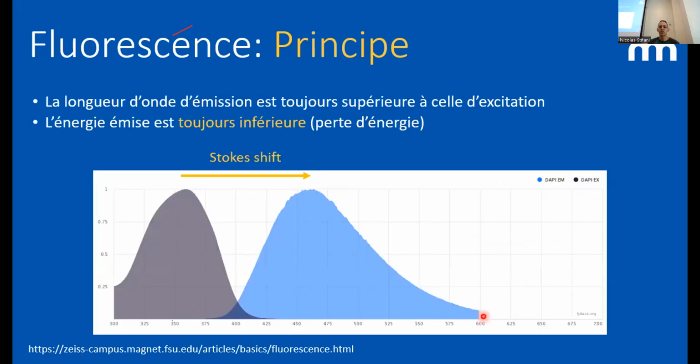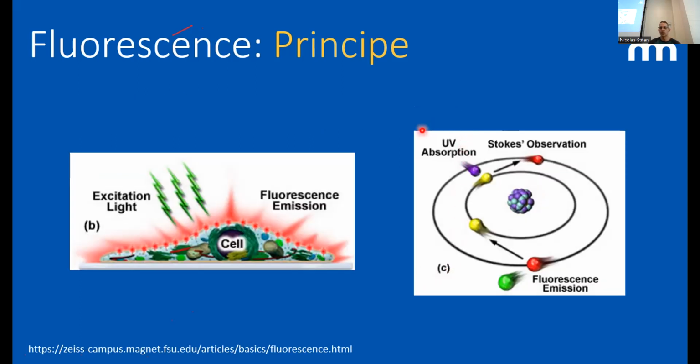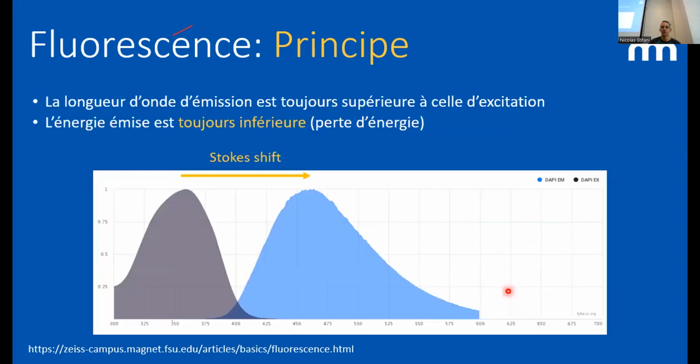Because there is some energy loss, there is a difference between the absorbed photon and the emitted photon. So there is a change in wavelength. The energy is different, so the color or the wavelength is different. And this is called the Stokes shift. Stokes is the name of the person who discovered there is a shift. This is the case of DAPI.